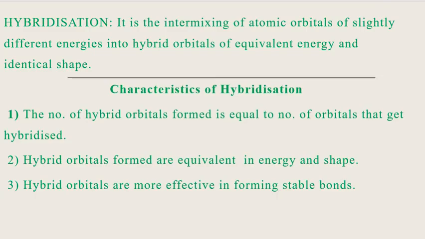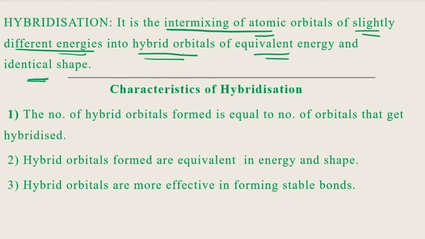We can define hybridization as the intermixing of atomic orbitals of slightly different energy into hybrid orbitals. The hybrid orbitals have equivalent energy and identical shape. These hybrid orbitals are considered for the central atom in a molecule.